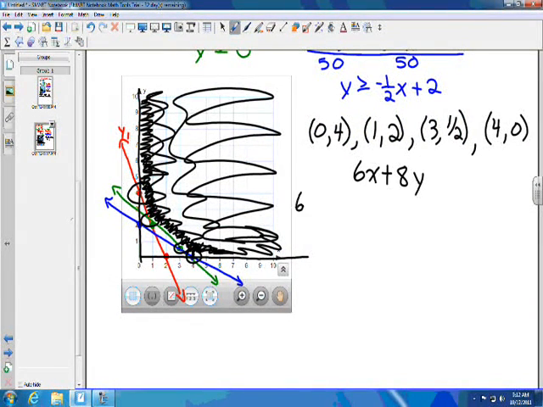So plugging in the first one, what's that one going to cost you? $0.32 if you take 0 of one and 4 of the other. What's the second choice going to cost you?